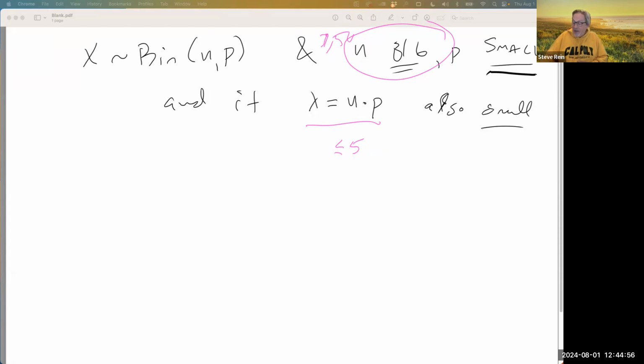If we have a binomial with very large n, very small p, sometimes the calculator won't do the binomial calculation, but you could do it with Poisson. So the probability that x is equal to lowercase x is approximately e to the minus lambda, lambda to the x over x factorial.